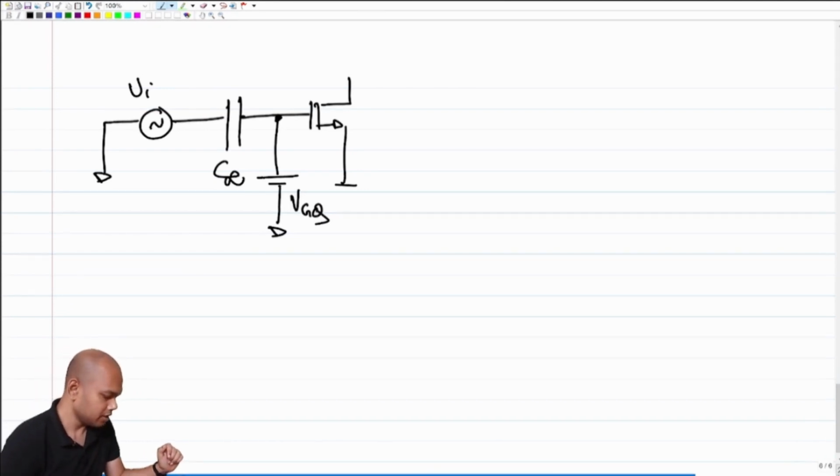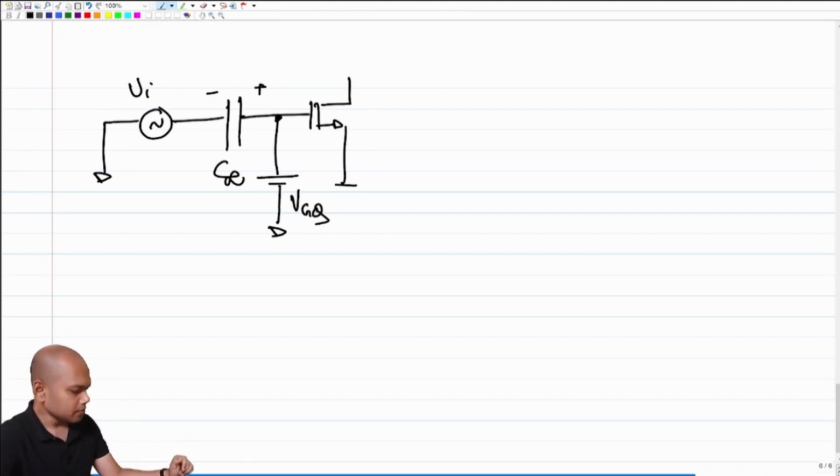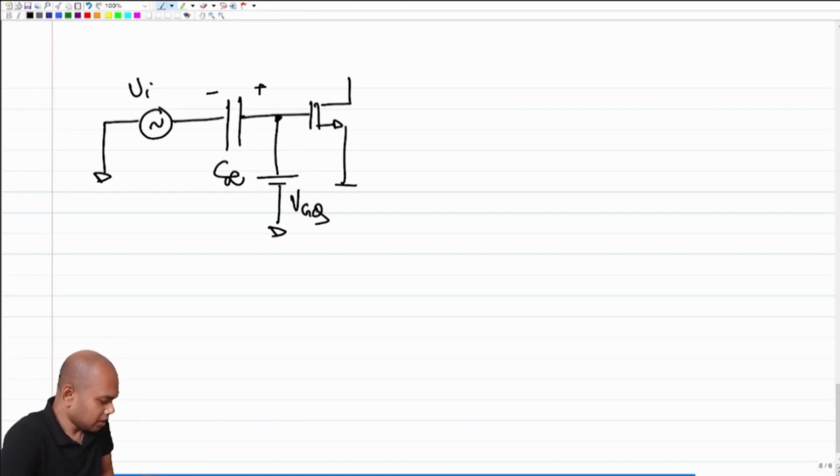If I do this, what will be the charge across C infinity? Assume for the time being that Vi is equal to 0. If Vi is equal to 0, what do you think will be the voltage across C infinity?